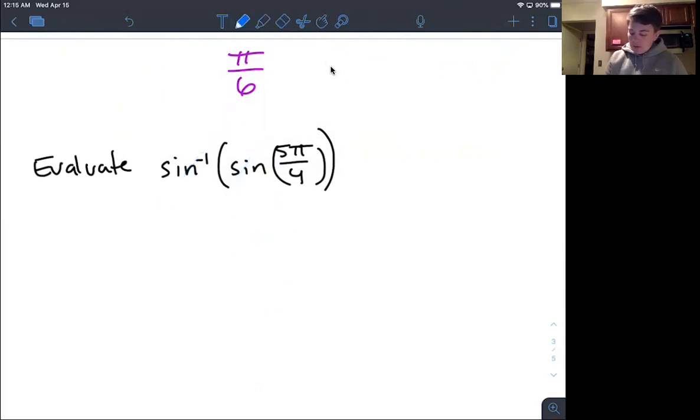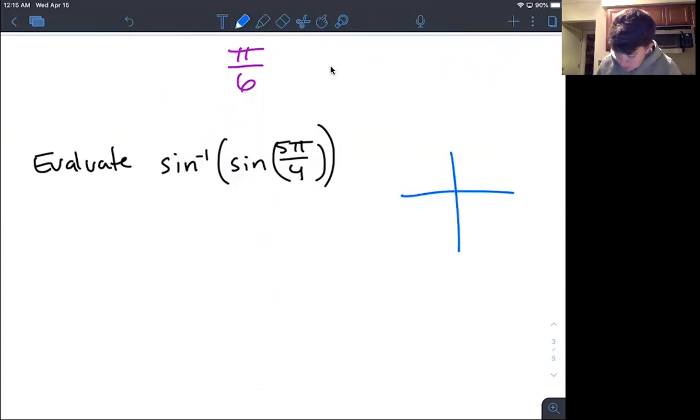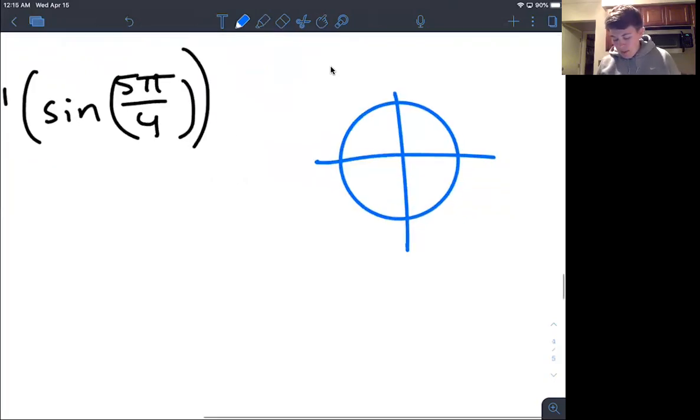So let's draw our little unit circle over here. So 5 pi over 4, where's 5 pi over 4 at? 5 pi over 4 is down here. The sine value there, sine is the y value, so the y value there is negative rad 2 over 2.